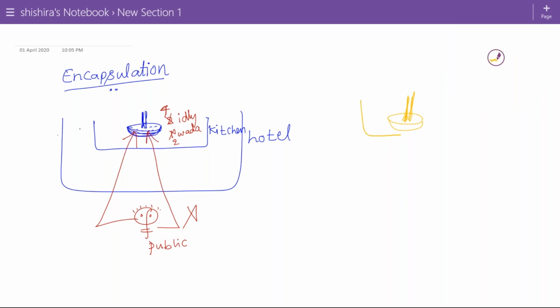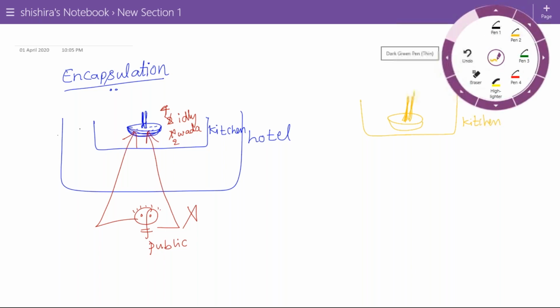This is present in the kitchen. The food is present in the kitchen, and of course there is one counter person here.